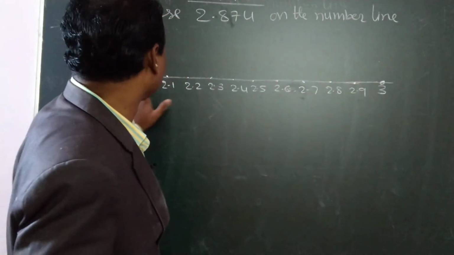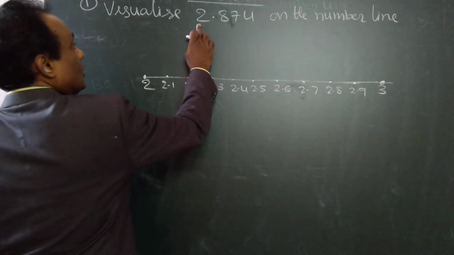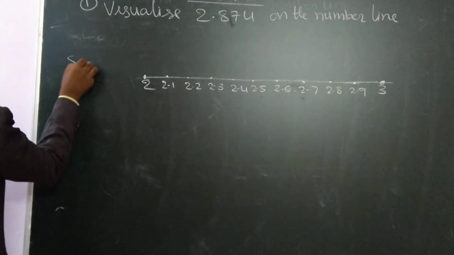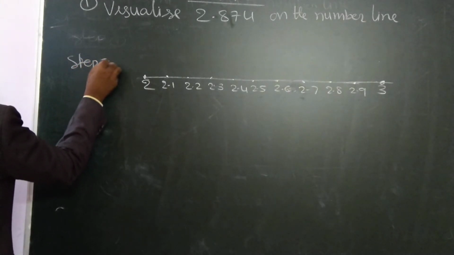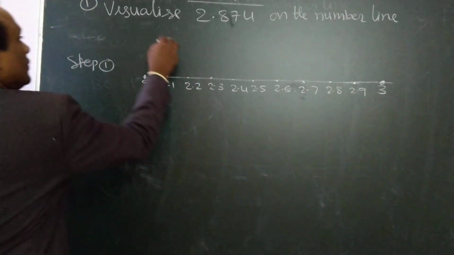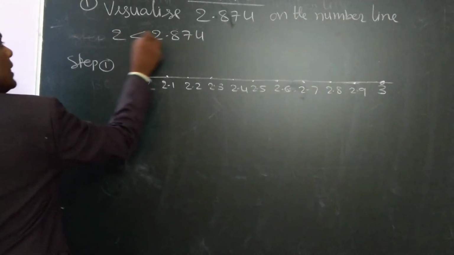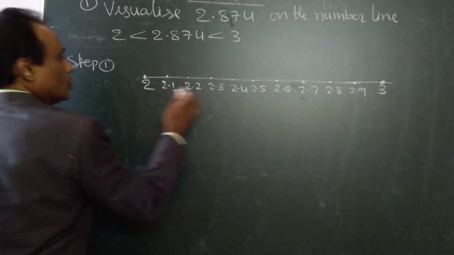So I represented 2 to 3. This is step 1. I took 2 and 3 because our number, see this number, the given number lies between 2 and 3. So therefore I took 2 and 3.